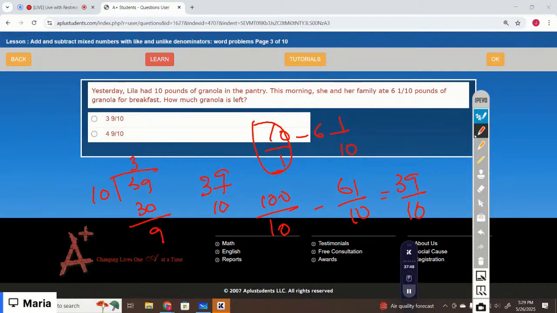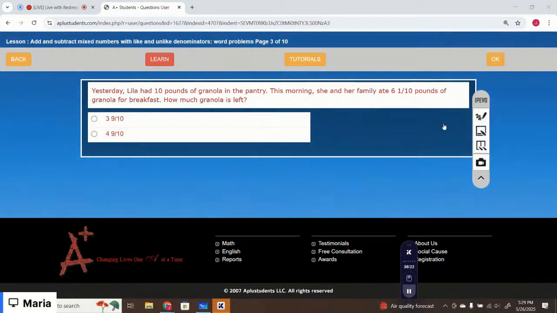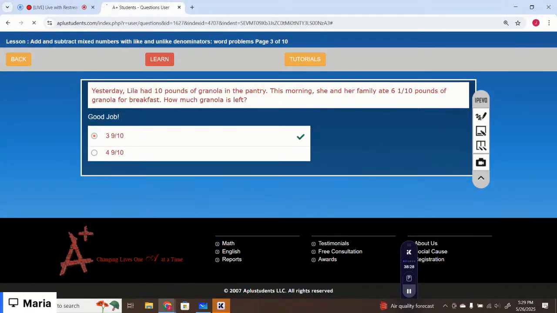That is 3 whole 9 over 10. Option number 1 is the correct option.